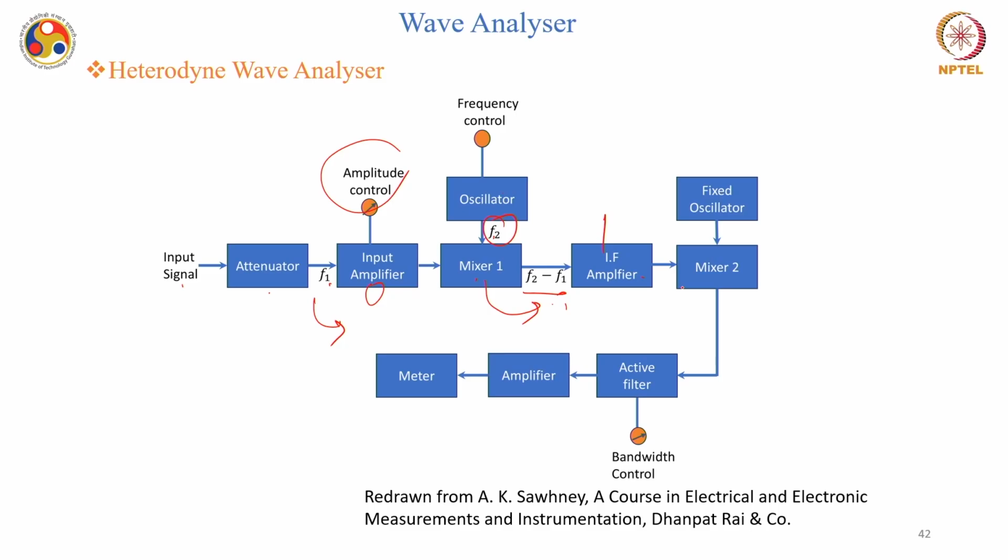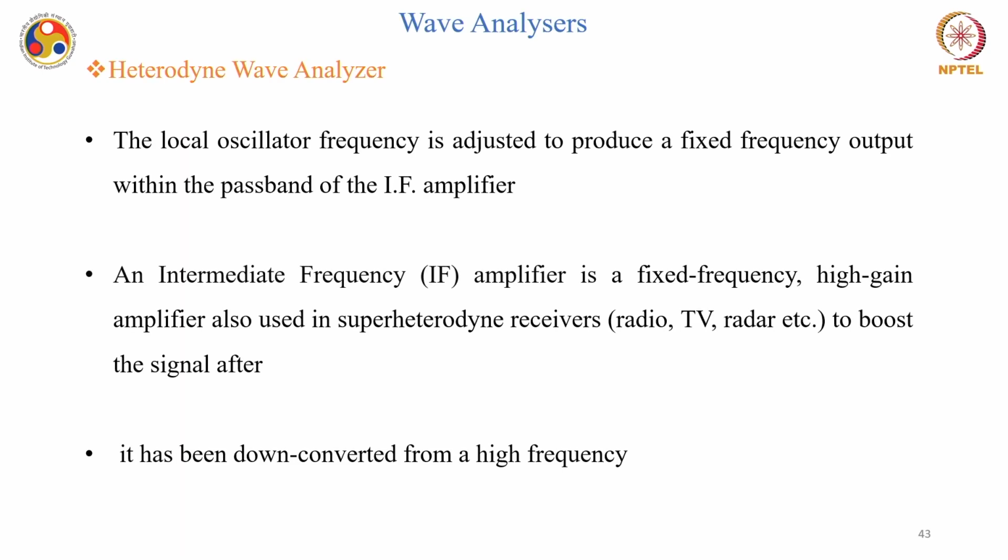Then it is again fed to a mixer 2 which is connected to a fixed oscillator, and this is given to an active filter, and then it is fed to an amplifier before it is displayed on a meter. Now, the local oscillator frequency is adjusted to produce a fixed frequency output within the passband of the intermediate frequency amplifier, which is the next stage.